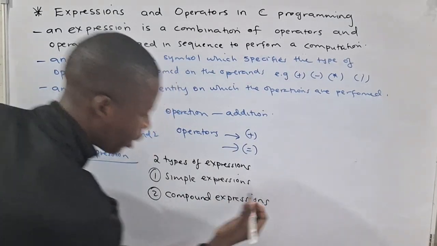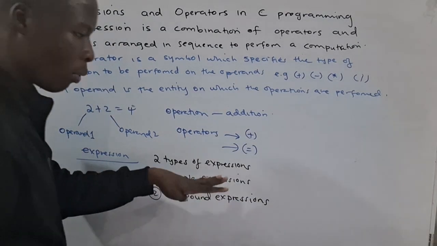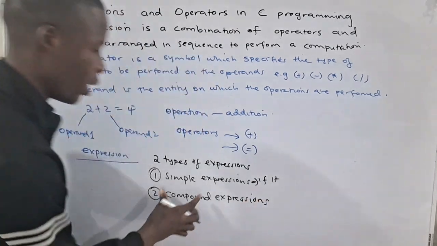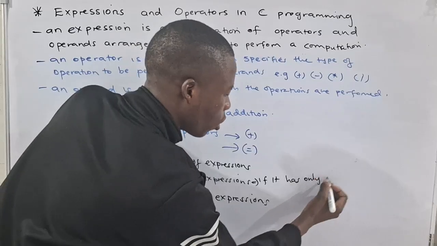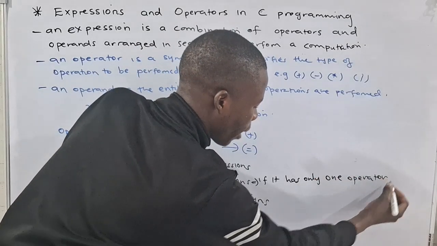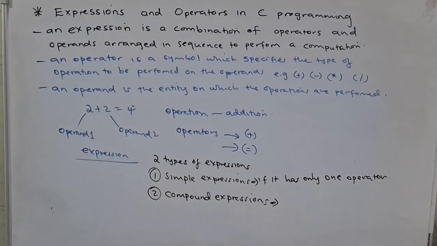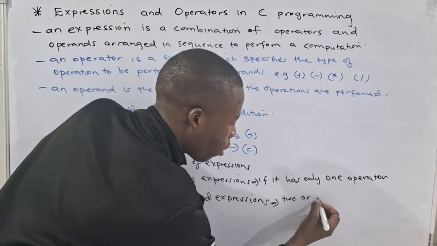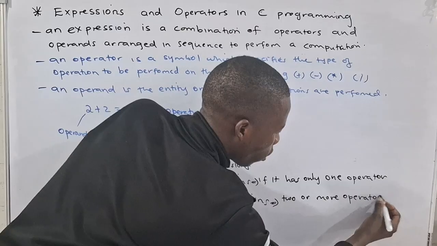It is called a simple expression if it has only one operator. It is called a compound expression if it has two or more operators.